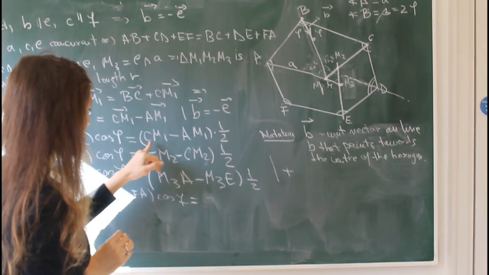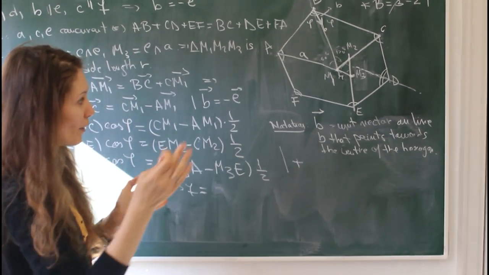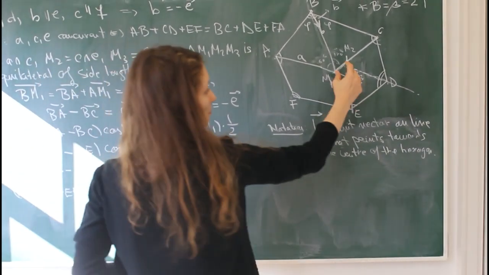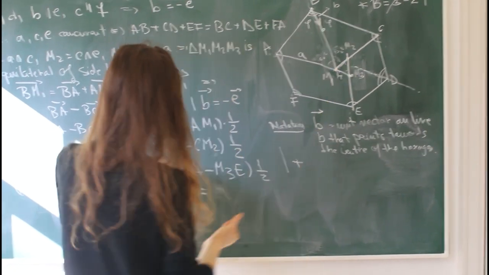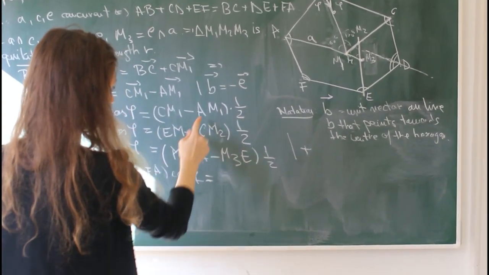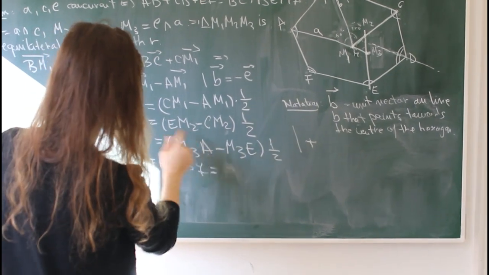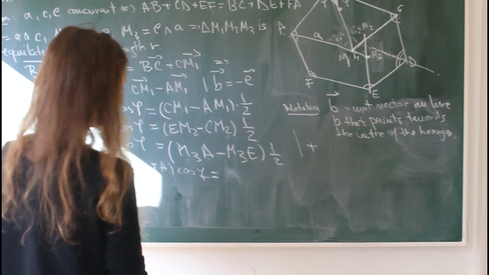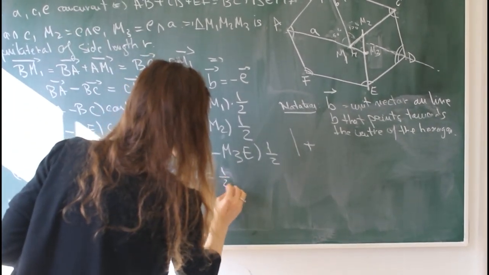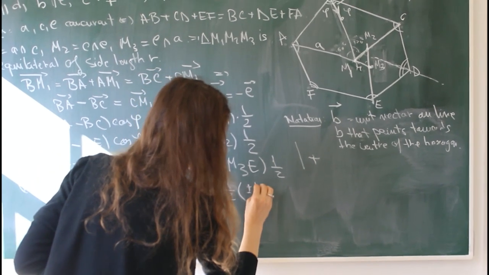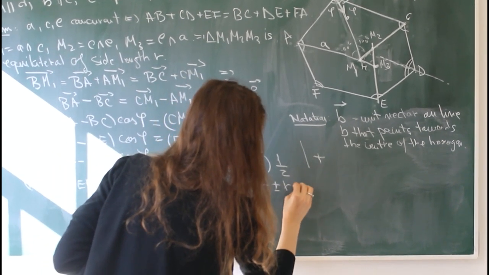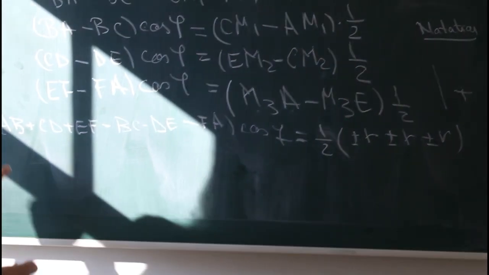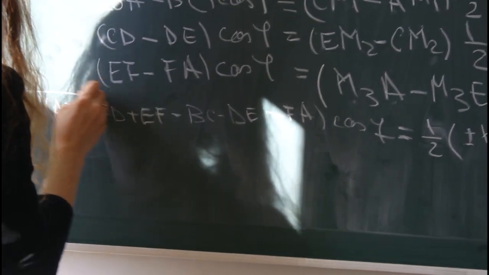That expression, depending on where M1 and M2 are placed with respect to each other, is going to be plus or minus r. Similarly for AM3 minus AM1 and AM2 minus EM2 minus M3E. So this is going to be just 1 over half times plus minus r plus minus r plus minus r. Okay, so this happens in general.